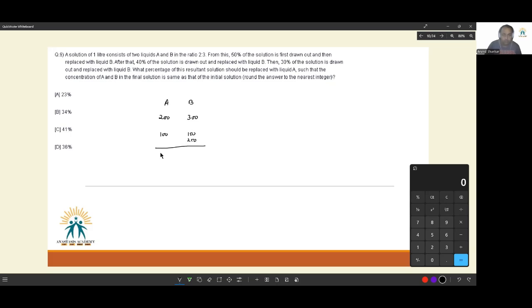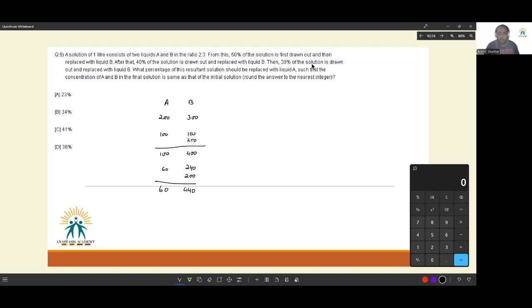So we'll finally have a situation of 100A and 400B. After that, 40% of the solution is drawn out and replaced with liquid B. 40% is drawn out. So 60 left here and 240 left here. And then 200B is added back. So you get 260 and 440.